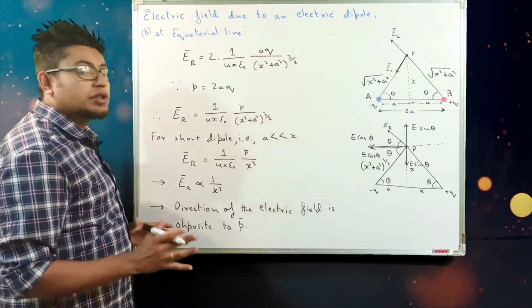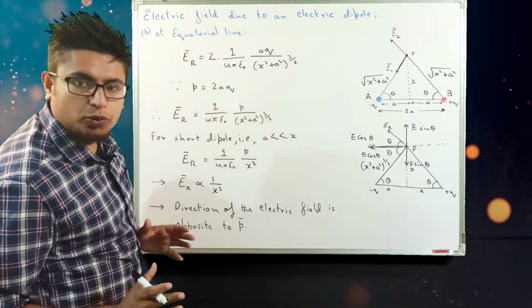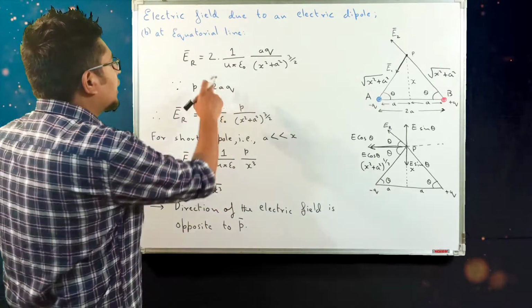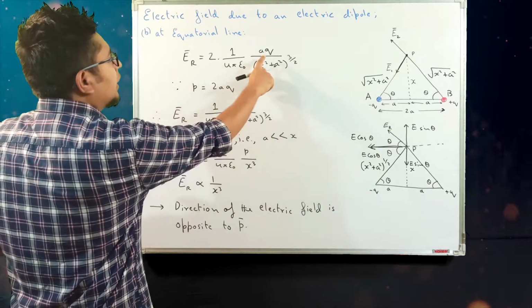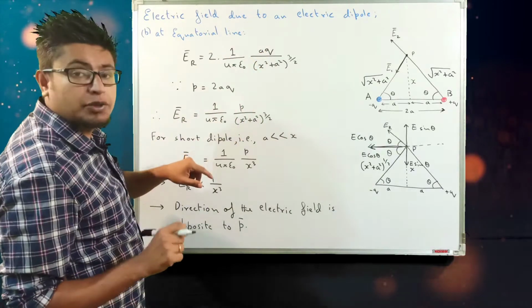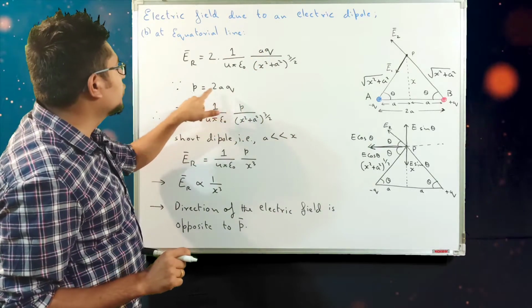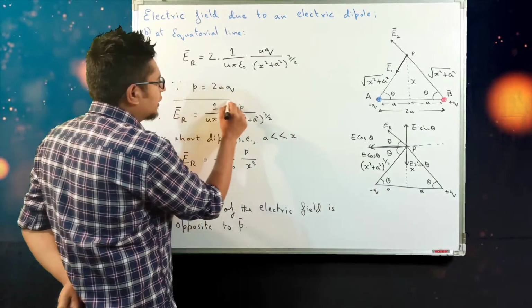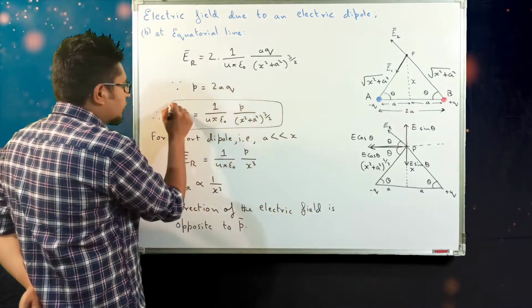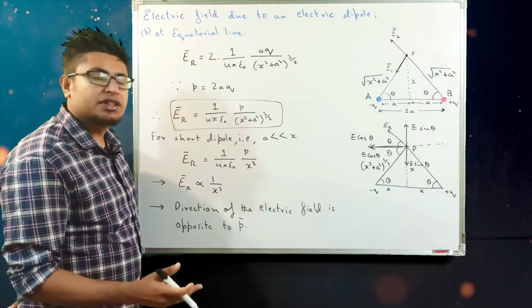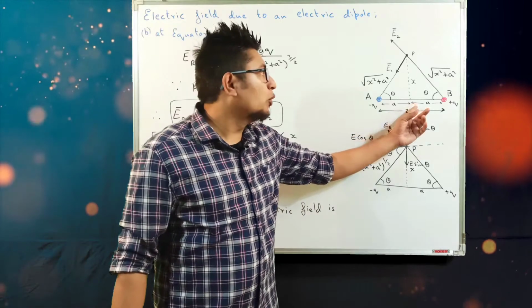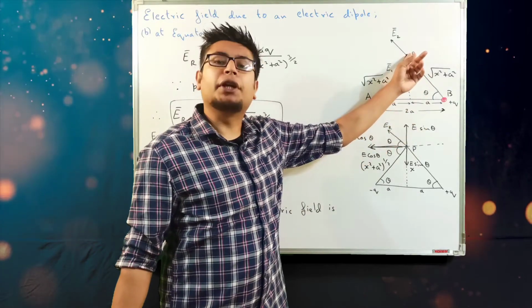And since I know the electric dipole moment P is equal to twice AQ, I substitute twice AQ as P in this equation, and the resultant electric field that I get is this particular equation. So this is the equation for my resultant electric field due to this dipole at this particular point P.